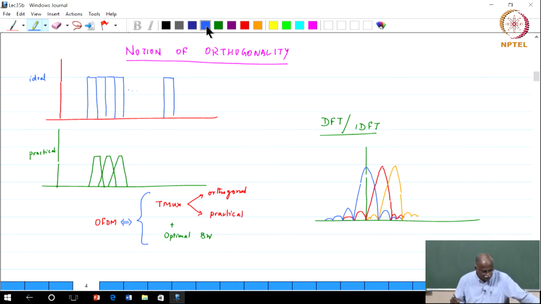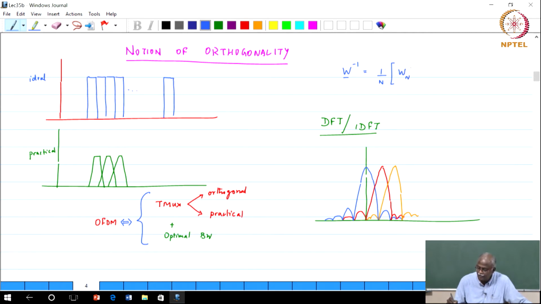maybe just the mathematical thing that goes with this figure. So let's take the IDFT matrix. So basically it is W inverse. If I were to ask you to write down the IDFT matrix, this would be 1 over N times the conjugate of the DFT matrix.